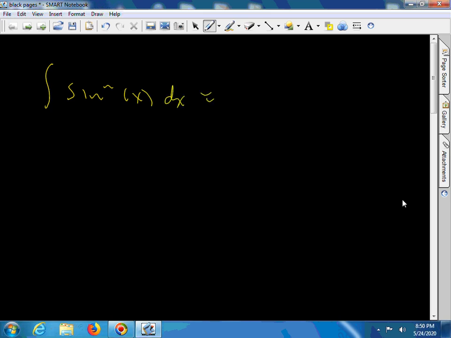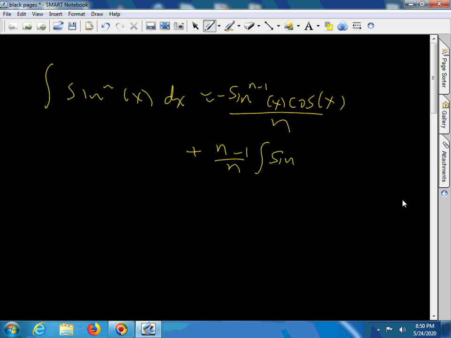The formula is negative sine raised to the n minus 1 of x, cosine of x, all over n, plus n minus 1 over n times the integral of sine to the n minus 2 power of x dx.